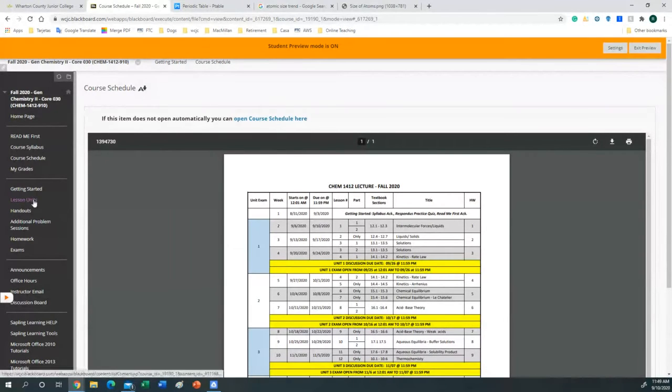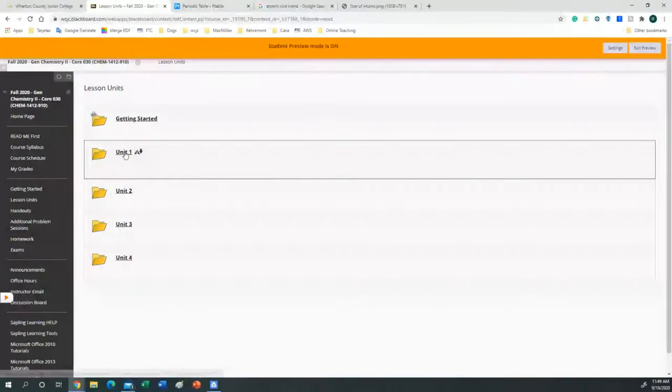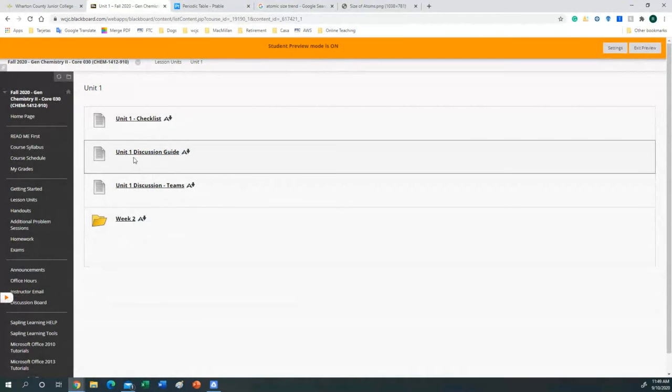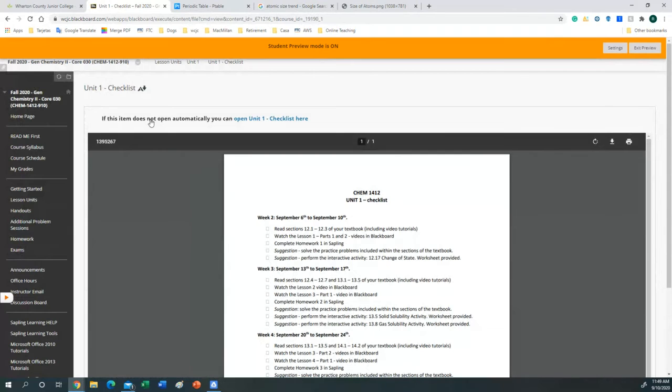So you can find the same information presented in many ways. Now, the important parts here, and I think the most important one, is the checklist. The checklist is another way to represent that schedule, but this is more detailed.